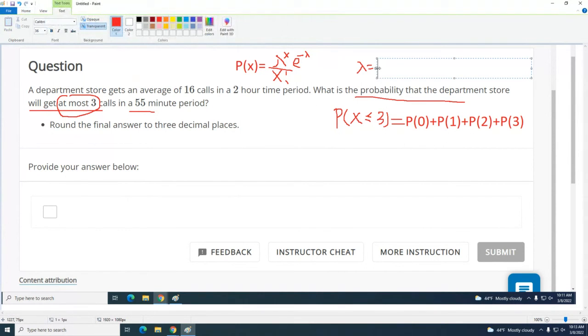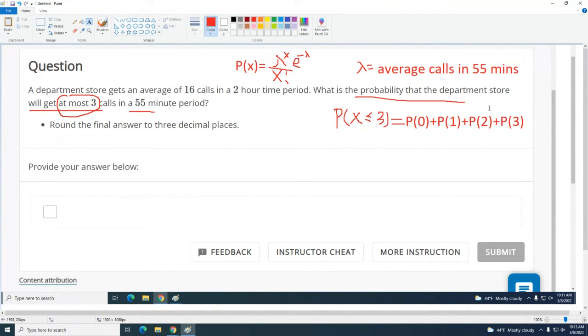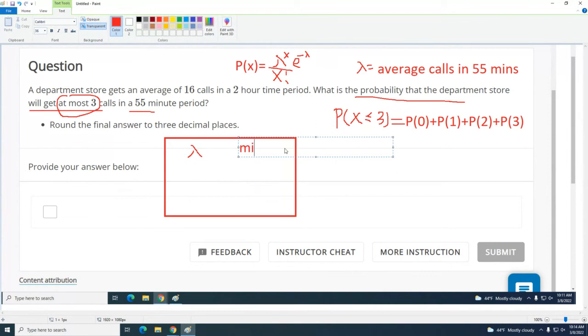So lambda represents the average number of calls in 55 minutes, because that was in the question. Probability is related to the 55 minutes time frame. So I'm trying to set up a table so we know what would be the relation between lambda and the time, the number of minutes.